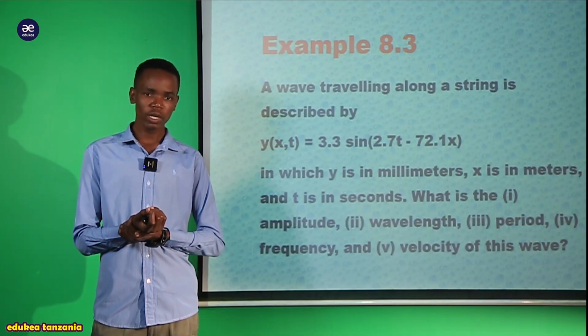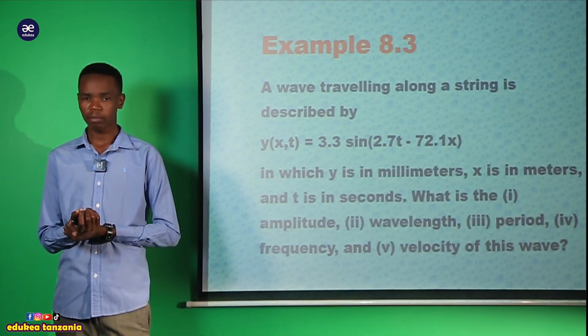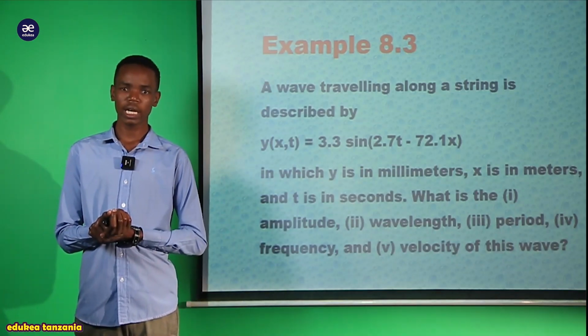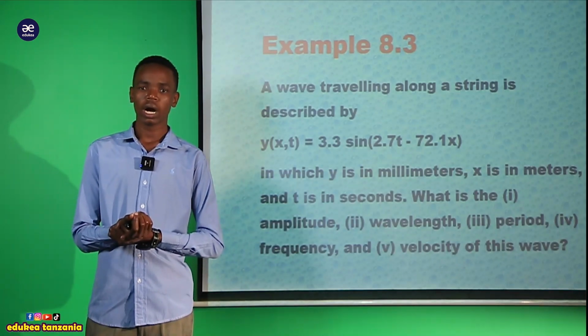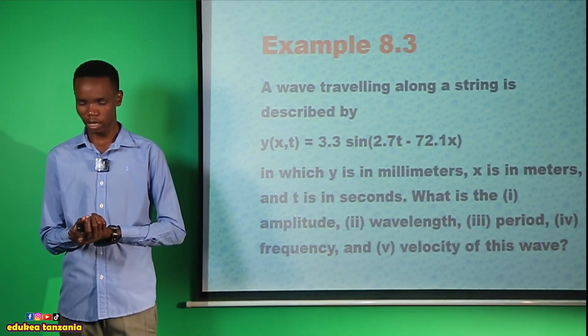We said that if the particles are moving from left to right, their displacement must be equal to a sine bracket wt minus kx. This is what we demonstrated in the last session.